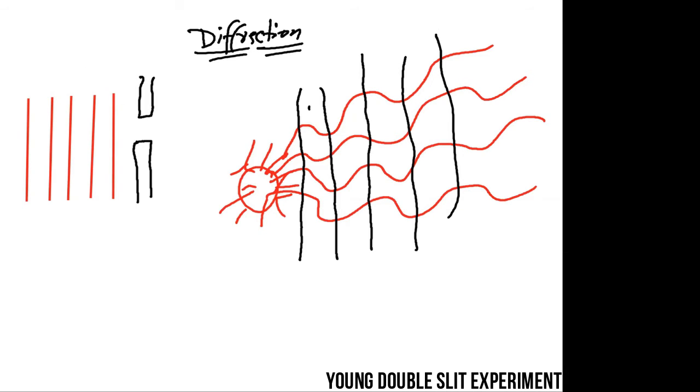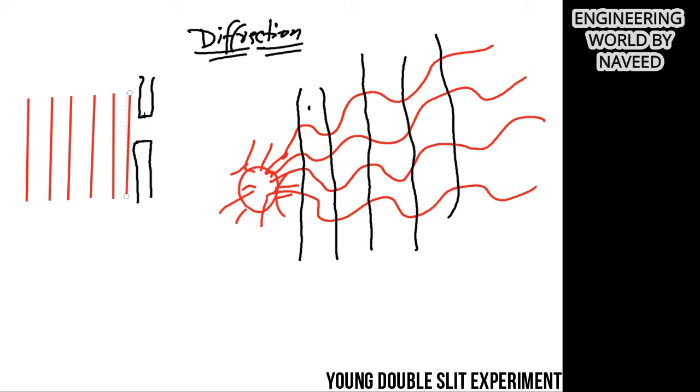Okay, so when all those waves come over here, they will get a slit in front of them, and at the edge of the slit they will get bent.